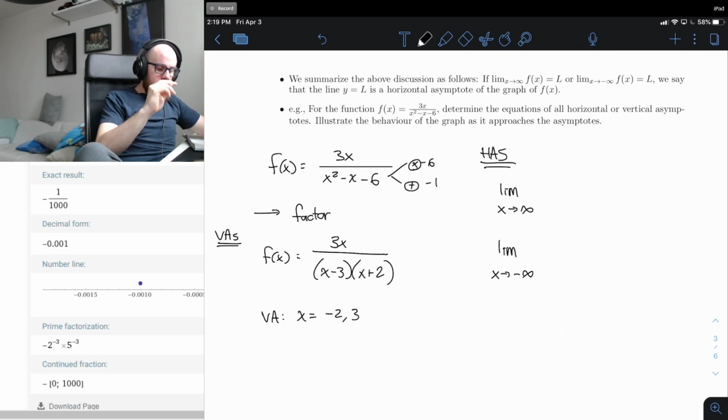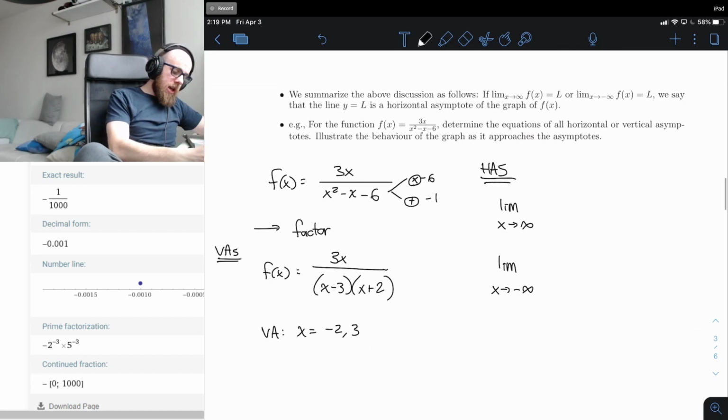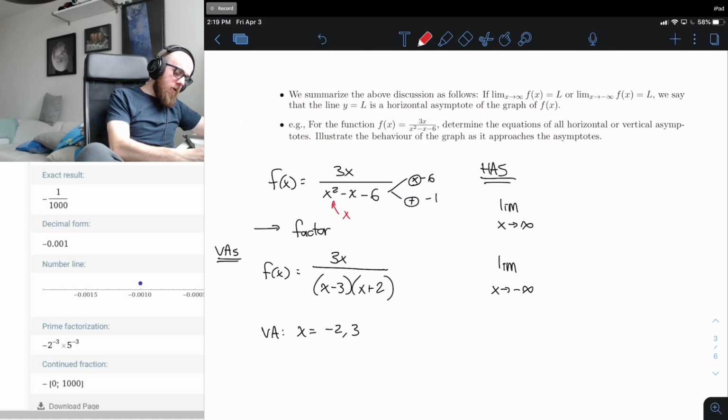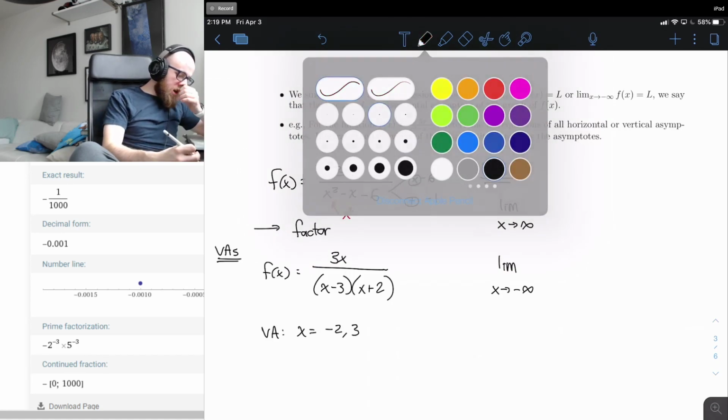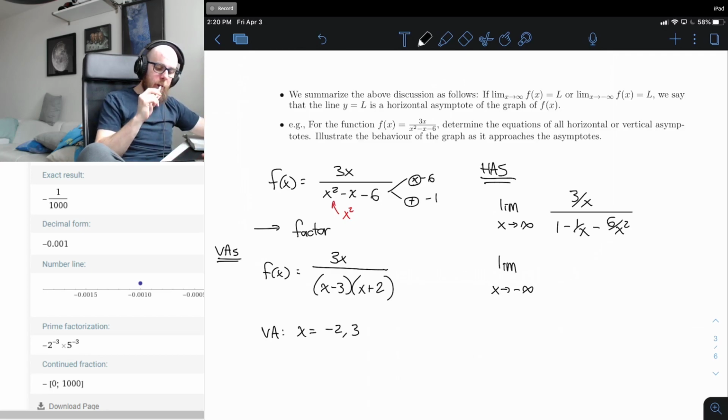To do that, I go back to my function and again divide by the highest power, which in this case is x squared. I get 3 over x over 1 minus 1 over x minus 6 over x squared.